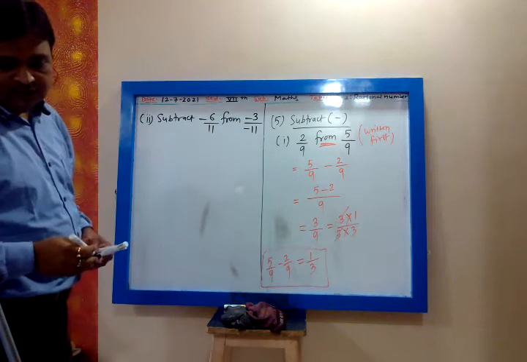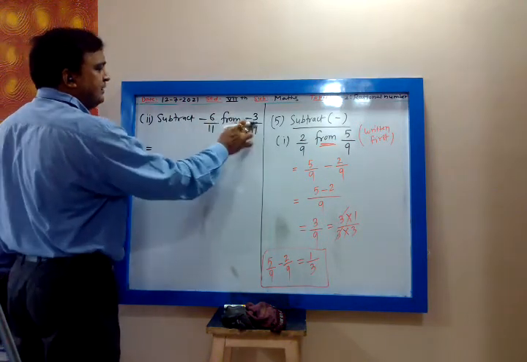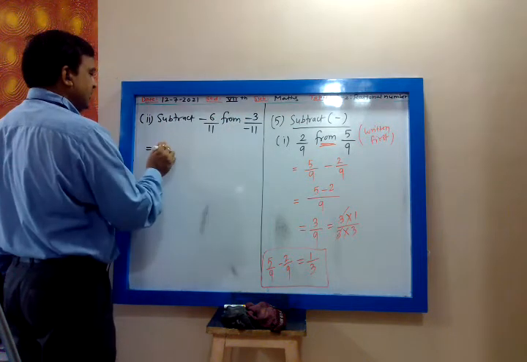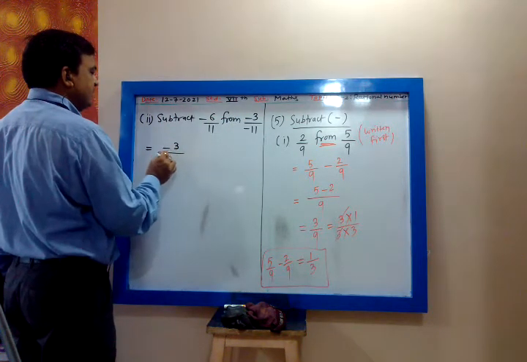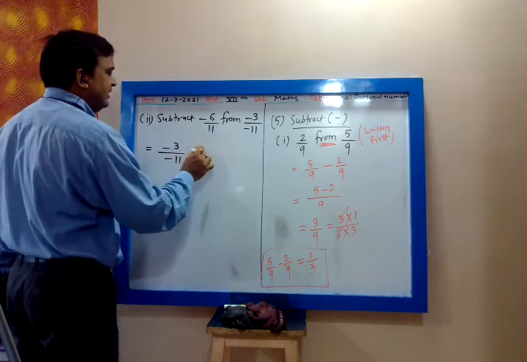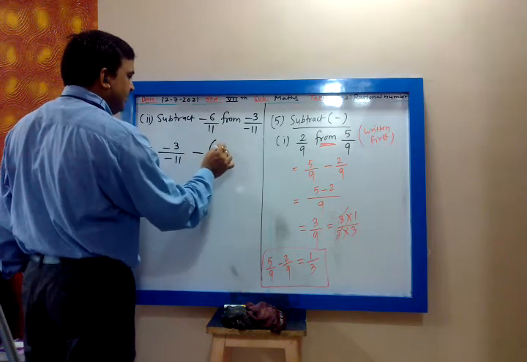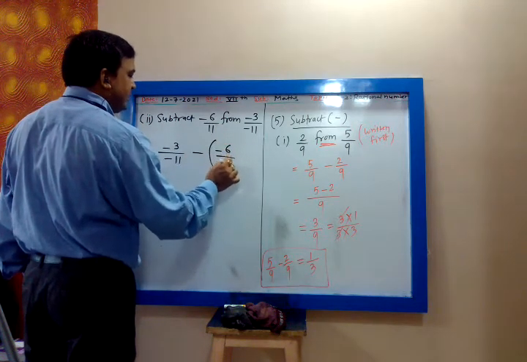So minus 3 upon minus 11, you have to subtract. From this number, so this I will write first: minus 3 upon minus 11. From this number, we have to subtract. Subtract means minus sign. Which number? Minus 6 upon 11.